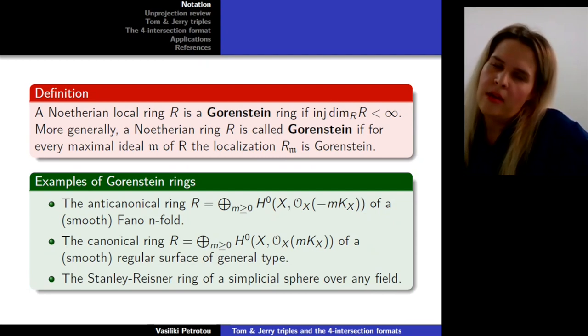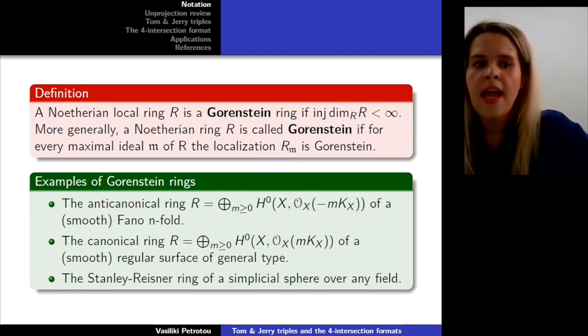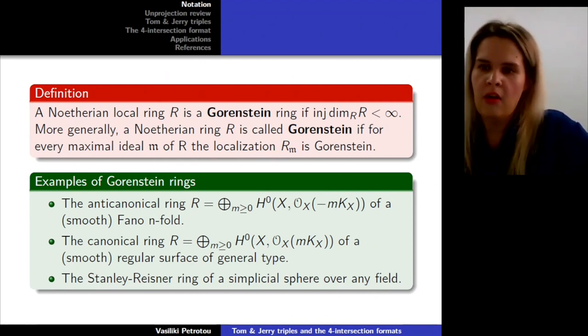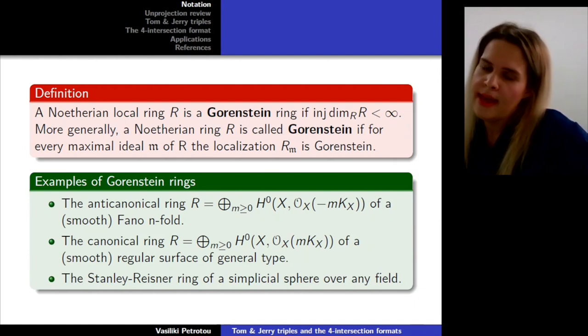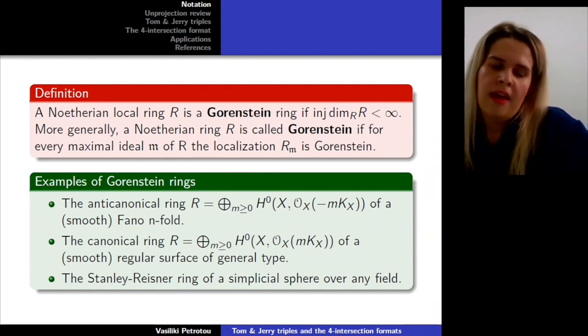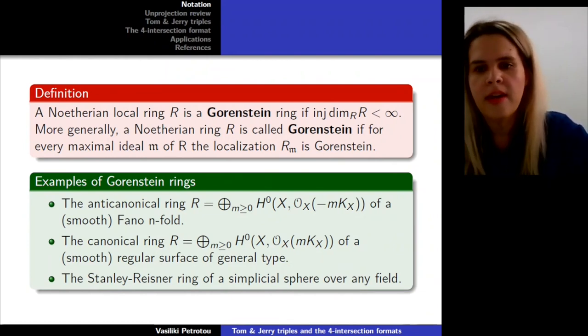Or more generally, we say that a Noetherian ring R is Gorenstein if for every maximal ideal of the ring, the localization of this ring with respect to this ideal is Gorenstein. There are many examples of Gorenstein rings, such as the canonical ring of a smooth Fano n-fold.